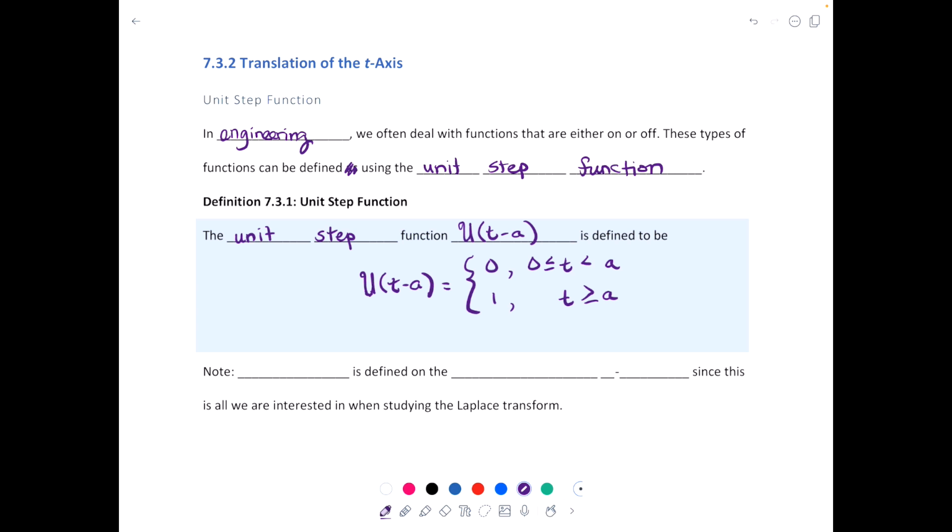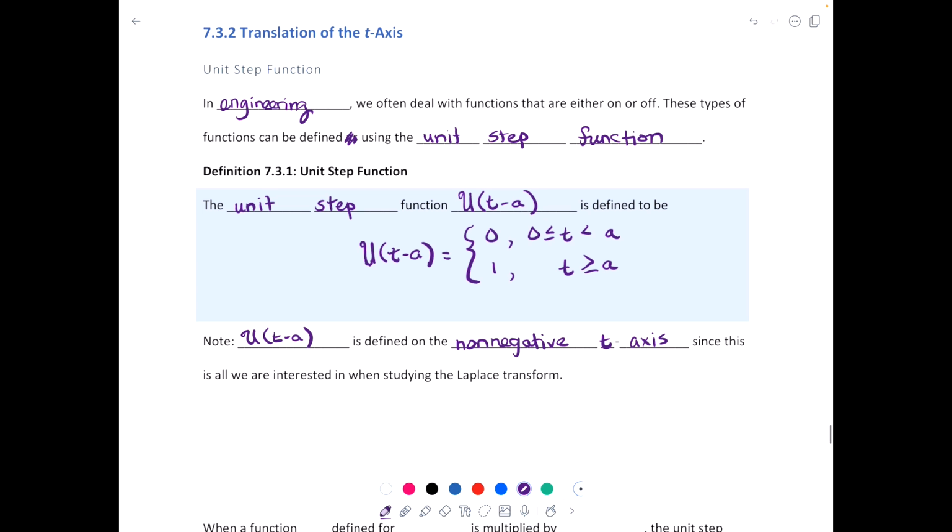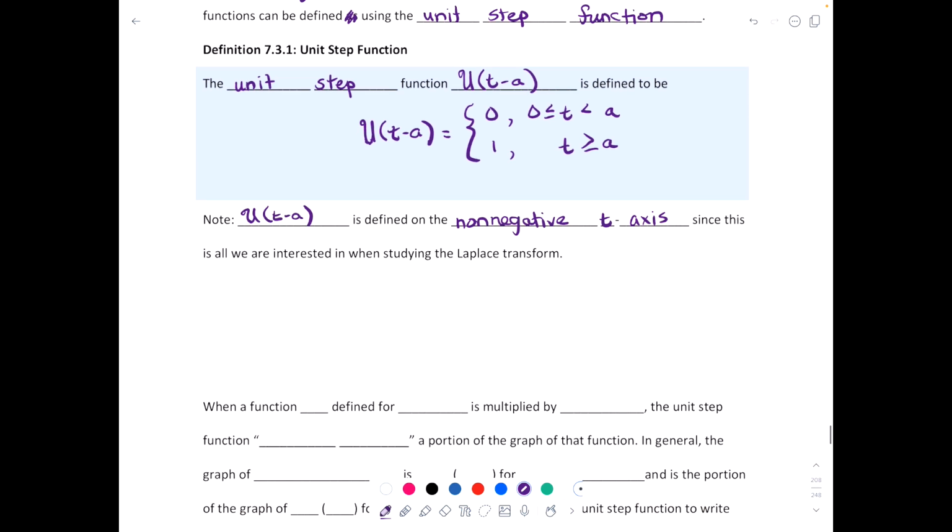So note, U at t minus a is defined on the non-negative t-axis, since this is all we're interested in when studying the Laplace transform.